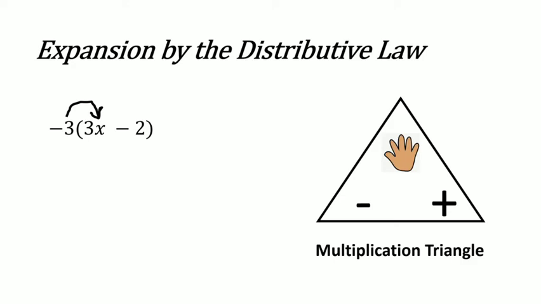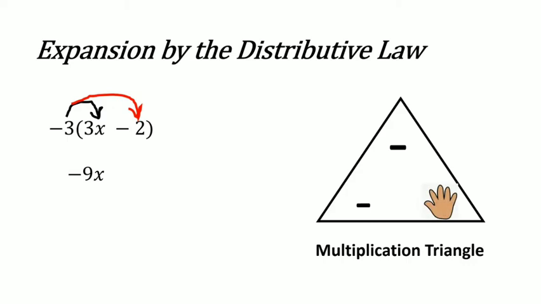So negative 3 times 3x will give me negative 9x. Now we multiply the negative 3 times the negative 2. To do this, we are going to multiply the signs first. When we look at our multiplication triangle, we simply place our hand in such a way that we expose a minus times a minus, like this.